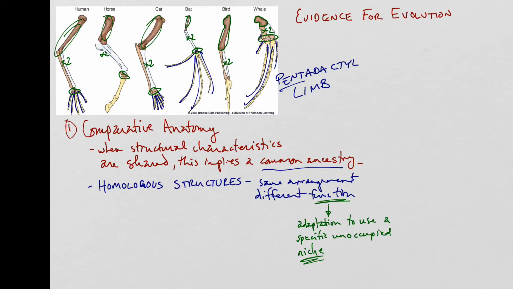You know, the bat evolved their adaptation of these really long phalanges. These are like fingers with skin that's stretched between them so that it can fly. You know, the whale has these really long digits here but short digits here to create a nice, wide, long, powerful, moving flipper. The horse's digits all fuse together to form a nice, rigid structure that can be walked on, and walked on a lot.